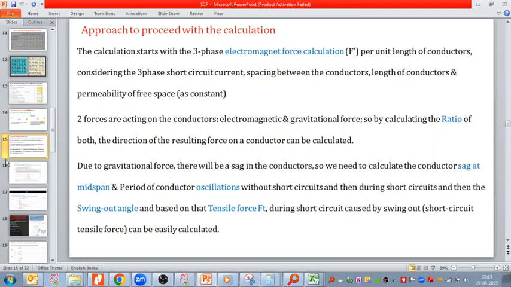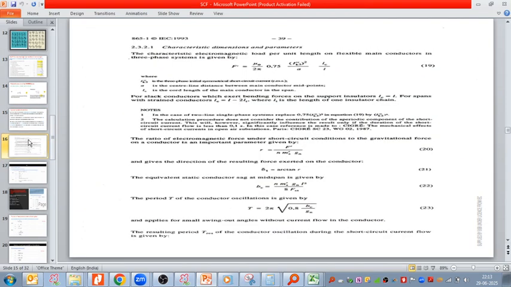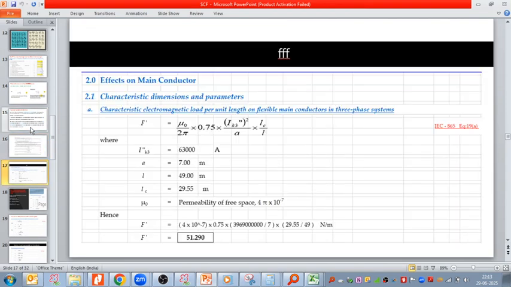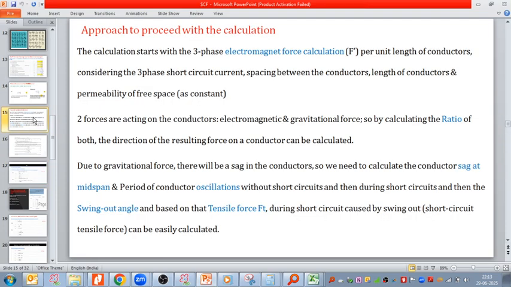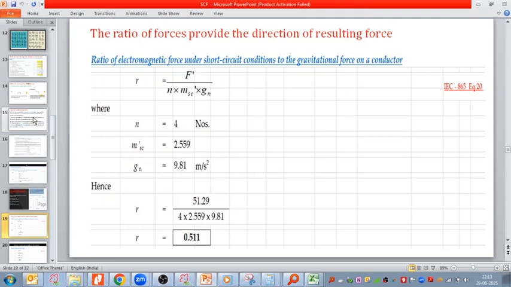Yes, sir. So you can take it in the next class. Next class is fine, sir. Because I don't want you to get fed up with all those things and anything not be clear, because this calculation takes energy. Yes, sir. It involves a lot of calculations, so it needs some time. Okay.